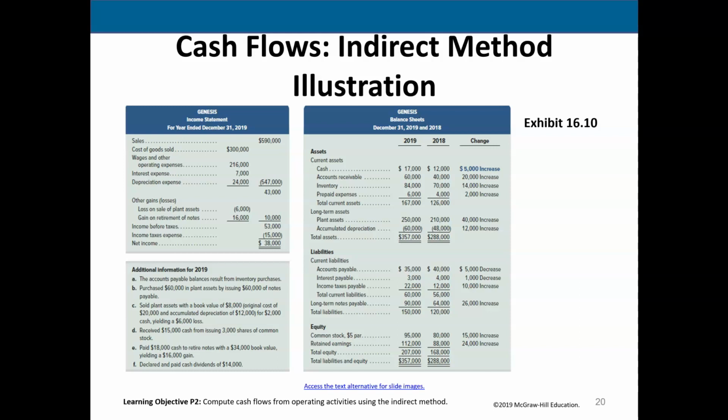It had a $20,000 increase. On the first day of 2019, accounts receivable for this company was $40,000. It ended the year with $60,000. So they increased what is owed to them by $20,000.